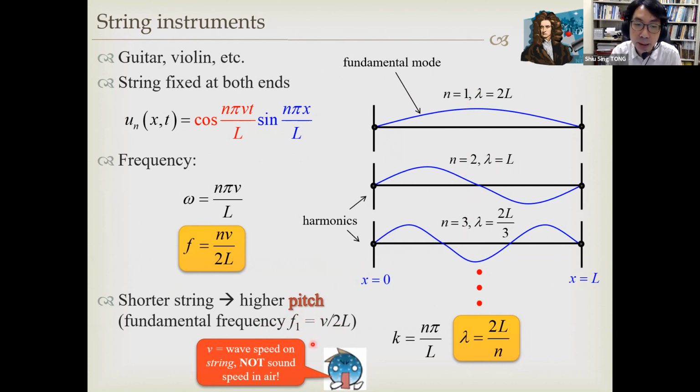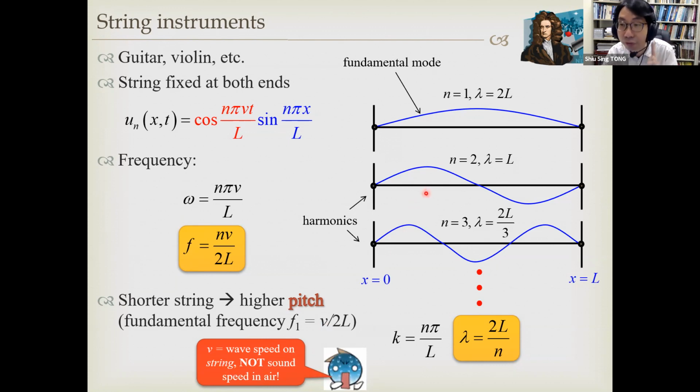Now a word of warning: we state that the fundamental frequency is v over 2L, but v here is not the speed of sound. When we discuss sound waves, we use a symbol to denote the speed of sound, but here v is actually not the speed of sound. It is the speed of the wave on the string, because we are talking about a standing wave on the string.